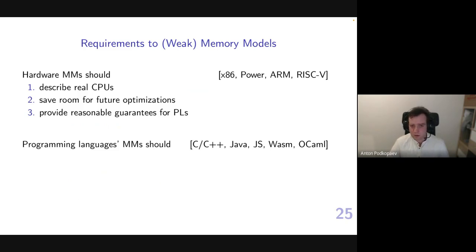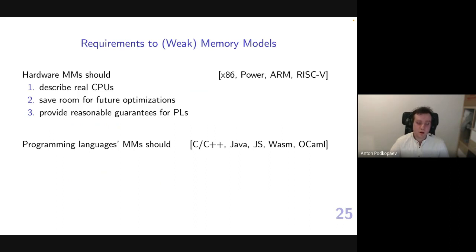Also, the memory model of the architecture should allow some extra behaviors if it wants to save some room for future optimizations. So let's say if in the next generation of CPUs Intel decides to introduce some additional optimization, it should be compliant with the specification. So the specification should be weak enough. And as with the first point, it also pushes the memory model to have more behaviors.